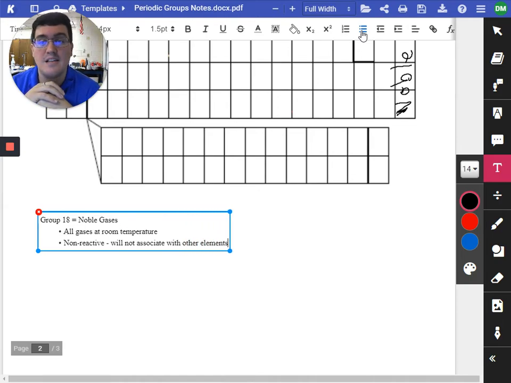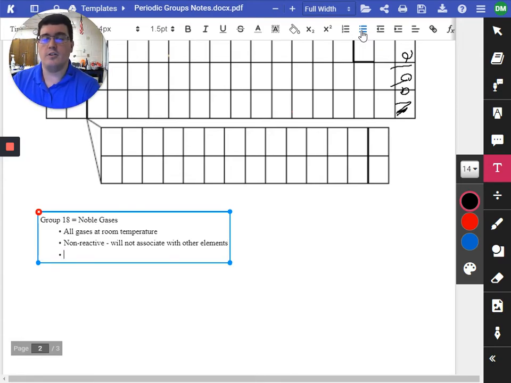They do not mix with other elements, and that's actually where the name noble came from. They're sort of seen as these hearty and high and mighty elements that won't deign to associate with all these other lower elements. So the noble gases are non-reactive, don't associate.